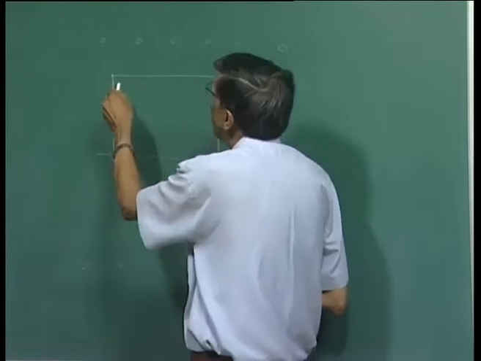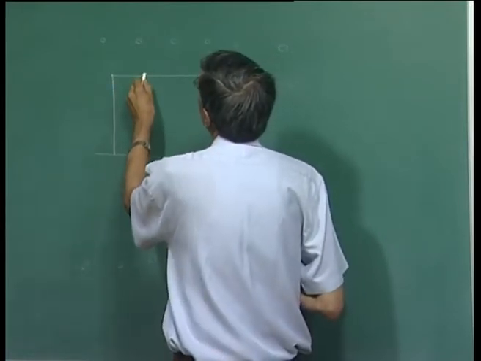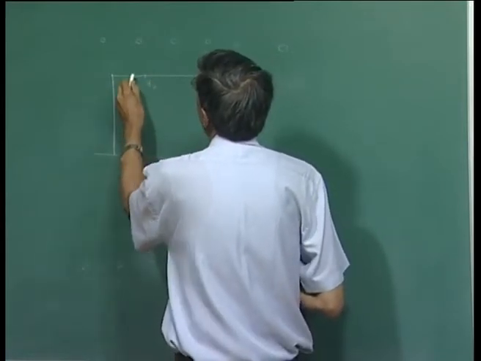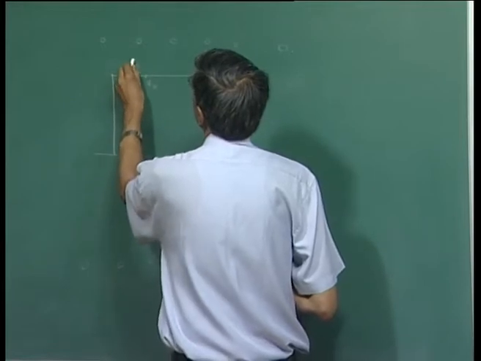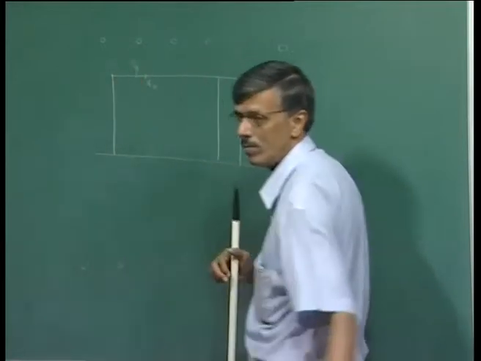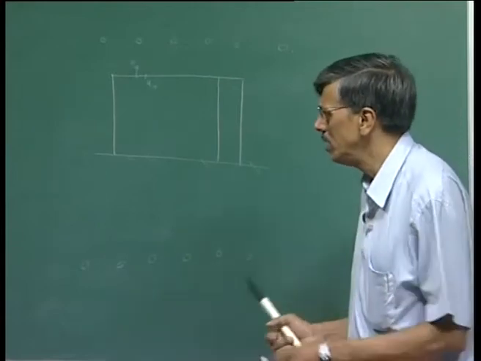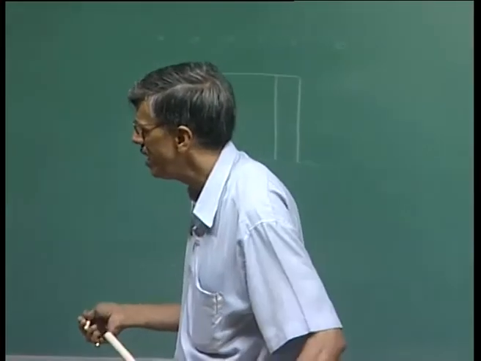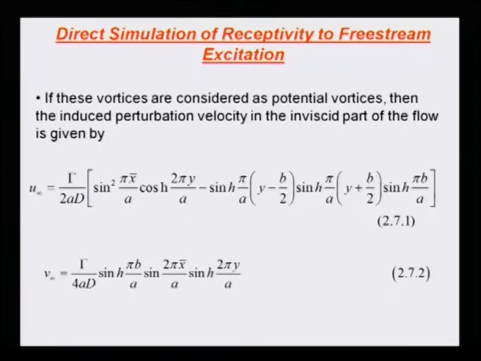At each and every point, I will have a u infinity imposed and a v infinity imposed here, right? And that quantity is figured out here, u infinity.